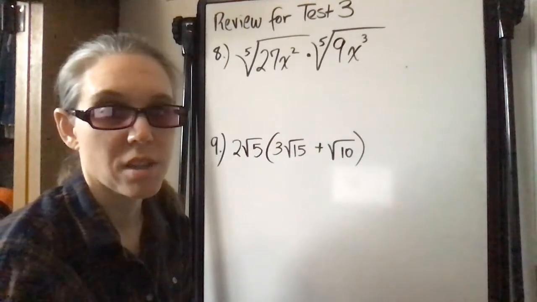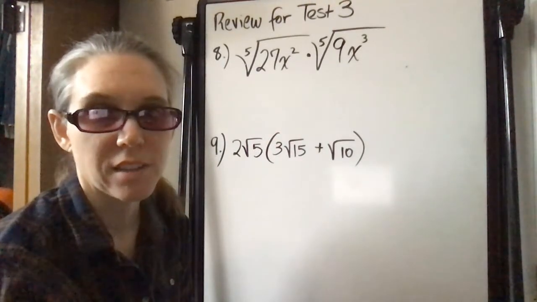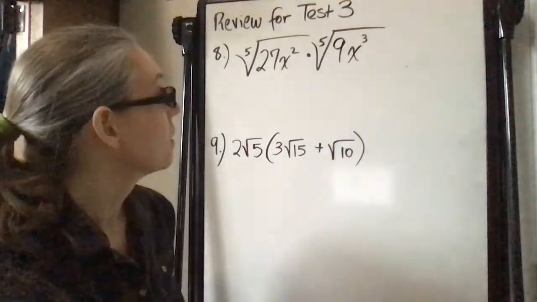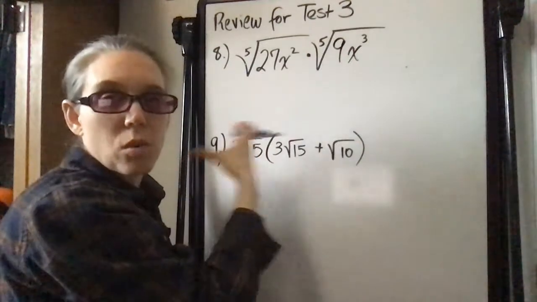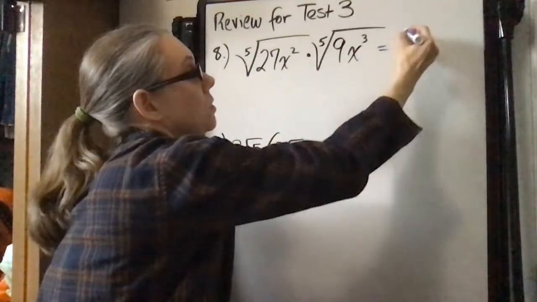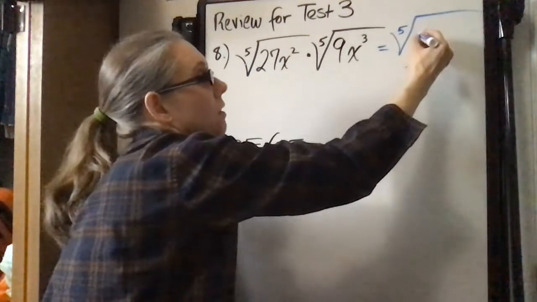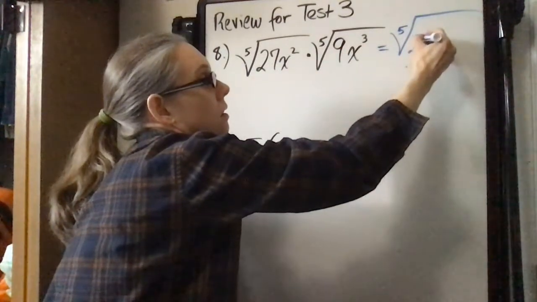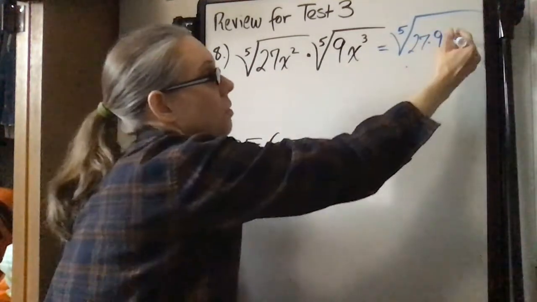Okay, so for question number 8, we have to multiply together two radicals. In this case, it's a fifth root. When you multiply these together, you just get to combine them into one fifth root. So this is the fifth root of 27 times 9, and x squared times x cubed.